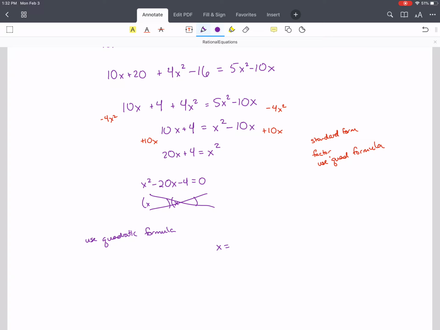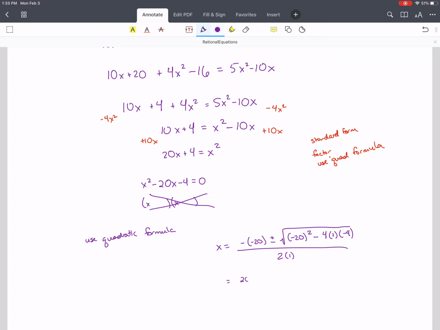So x is equal to negative b plus or minus the square root of b squared minus 4 times a times c all over 2a.